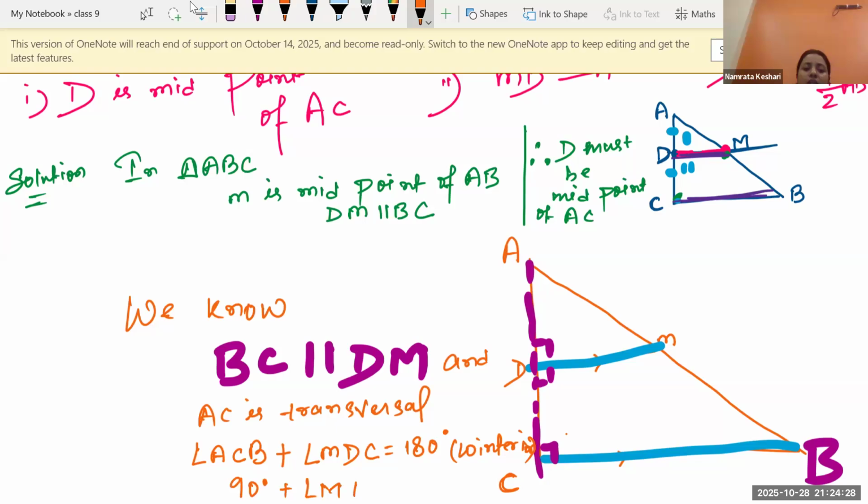We don't have to do anything at all over here. Automatically we are getting that angle MDC will be 90 degrees. If MDC is 90 degrees, then the other part will also be 90 only. So therefore here only we can say MD is perpendicular to AC. Clear?